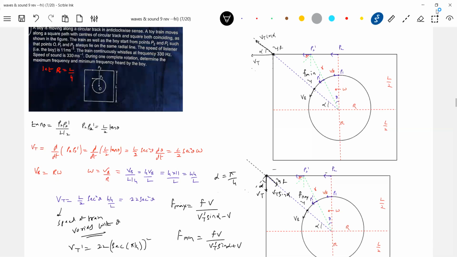Substitute that here and calculate f max and f minimum. Just before reaching the corner and just after crossing the corner, the listener is going to hear two different frequencies. One is maximum, the other is minimum. Just before reaching the corner, it will be minimum. Just after crossing the corner, it will be maximum. Without R equal to L by 4, I think the data was missing.